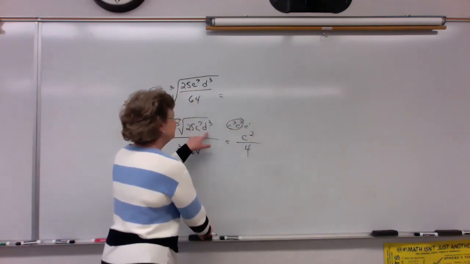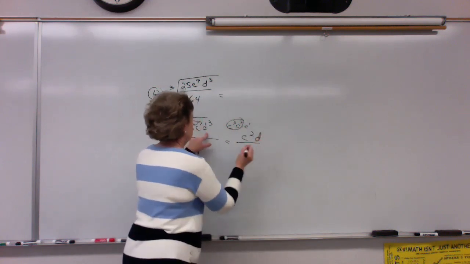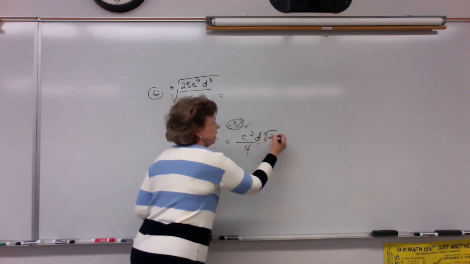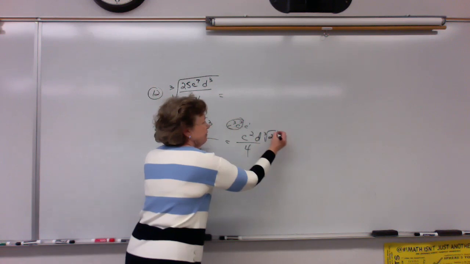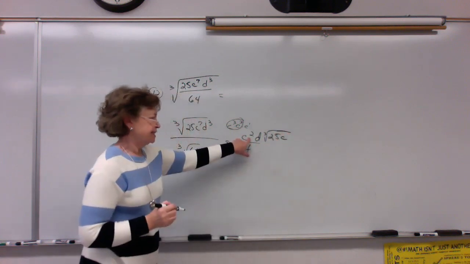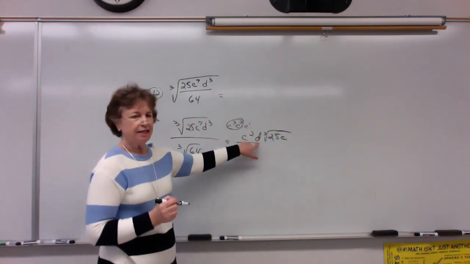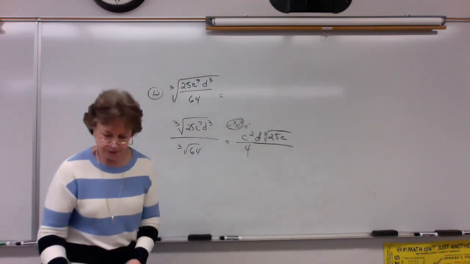I have a c left, and I can take out a d, because d cubed. What I end up with is the cube root of 25, nothing we could do with that, a c left with a c squared on the outside, all over 4. So c squared times d times the cube root of 25c, all over 4.